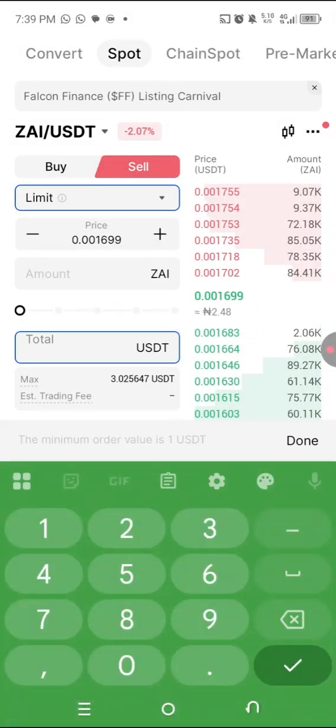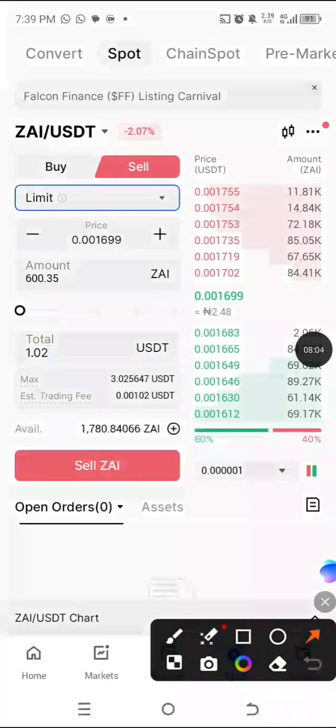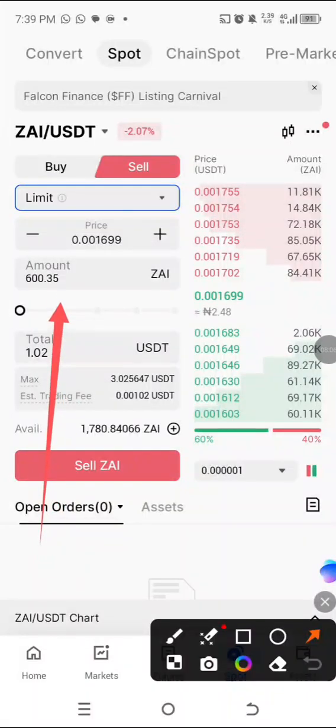If I put 1.02, I'm putting 1.02 because of transaction fee. So it's telling me that what I will sell is 600.35 Zai. That's what will give me 1.02 USDT.